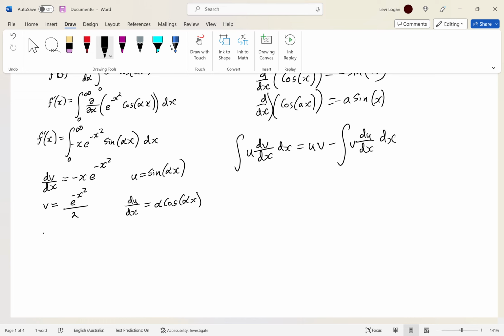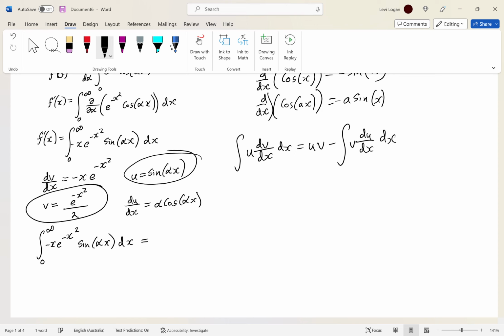So when we rewrite this integral in terms of its parts, negative x e to the negative x squared sine of alpha x is equal to uv, so e to the negative x squared sine of alpha x over 2, from 0 to infinity, minus our new integral, which is v multiplied by du.